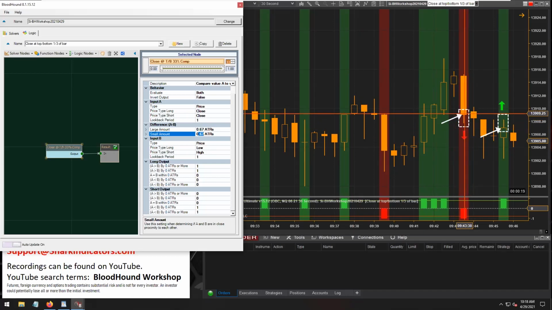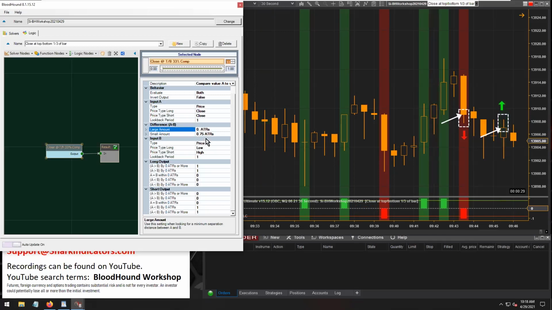Now, if we wanted to find the close within the bottom 25%, or the bottom quarter, or if the close is within the top quarter, then we would adjust that amount to 75%. That's three quarters.